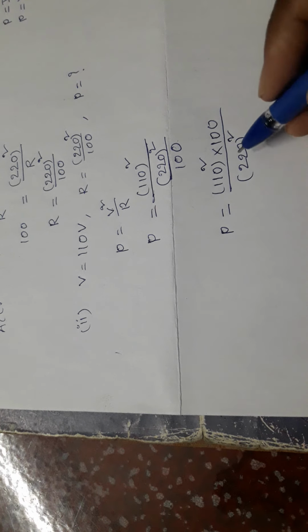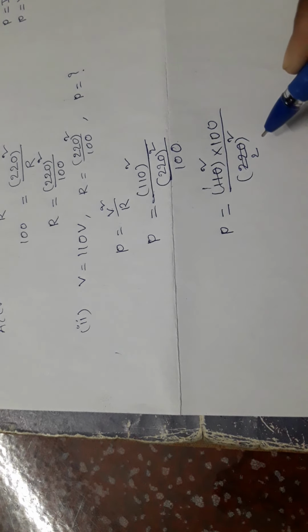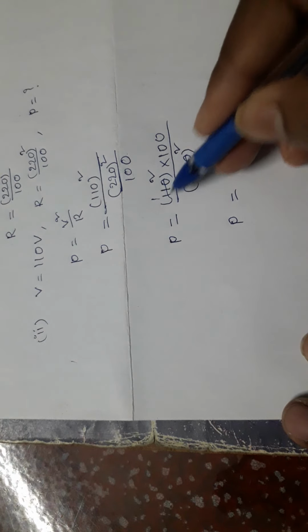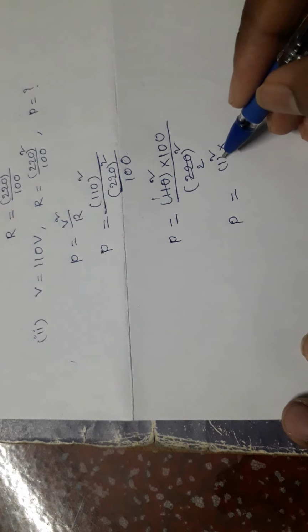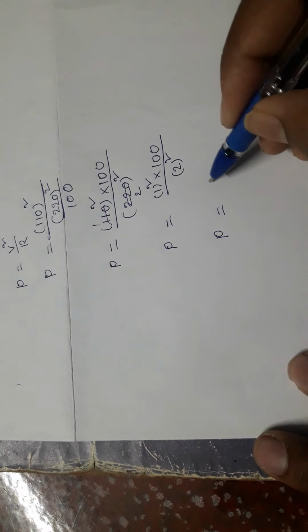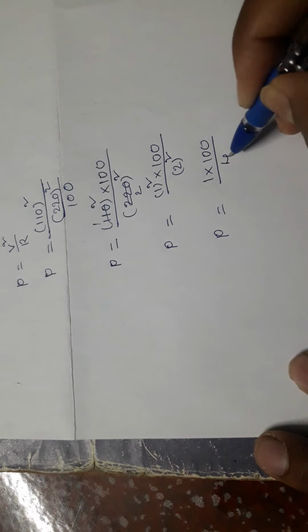So here we can cancel: 110 ones are 110, 110 twos are 220. So P is equal to 1 square into 100 by 2 square. 1 square means 1, into 100, by 2 square means 4.